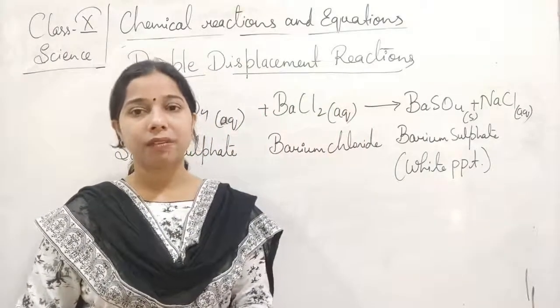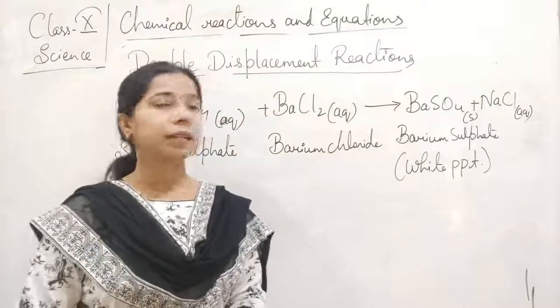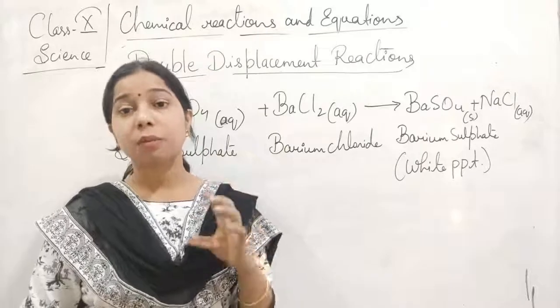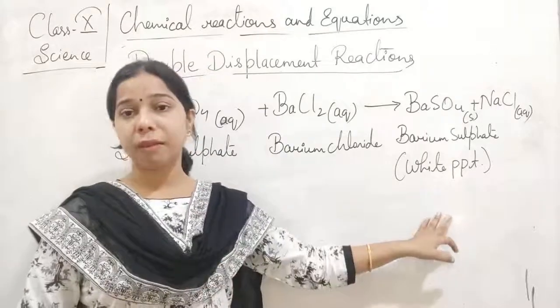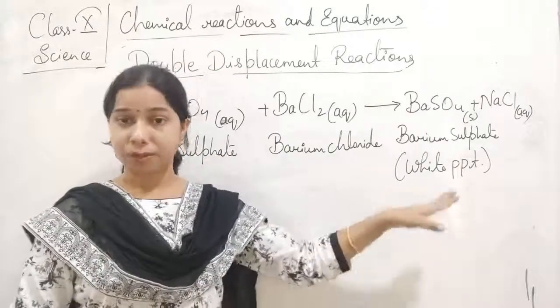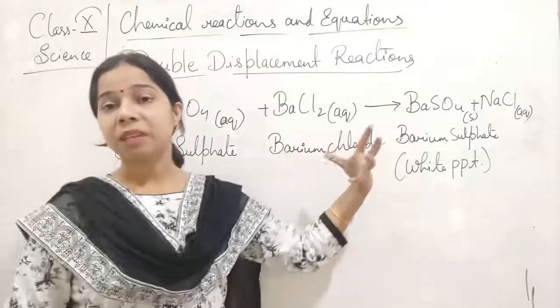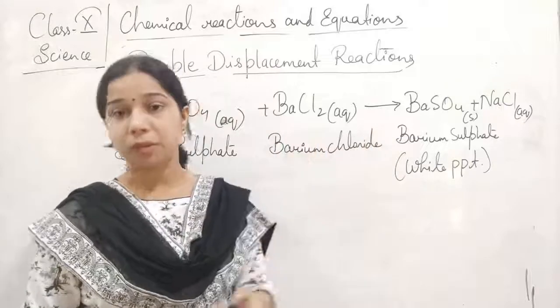When you leave it and stir it a few times, you will find that the precipitate settles down at the bottom of the test tube, and that is barium sulfate, the white precipitate. Now you see how this is a double displacement reaction.